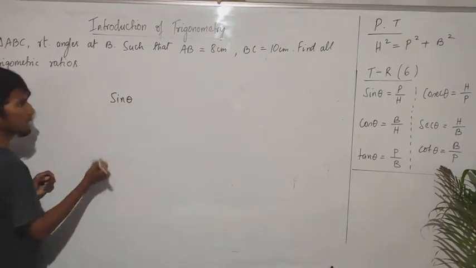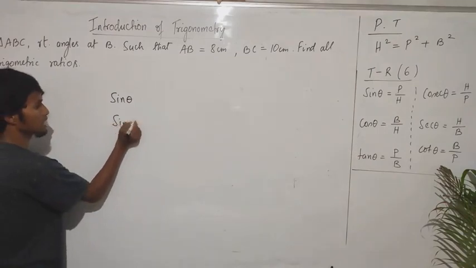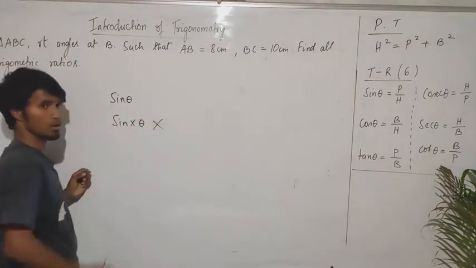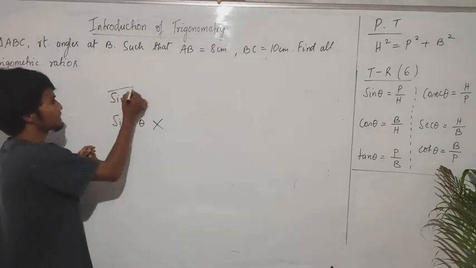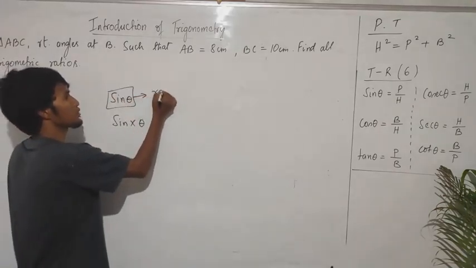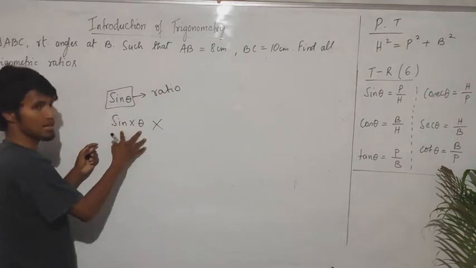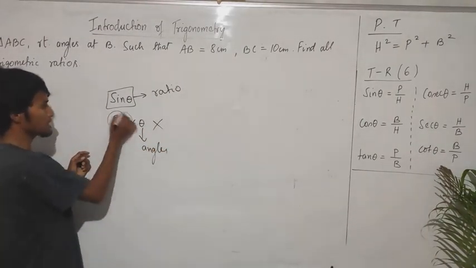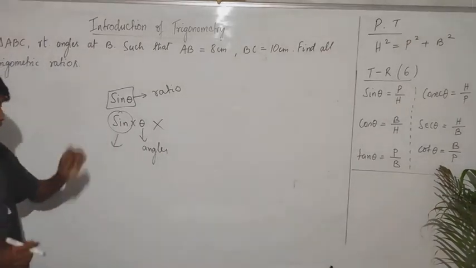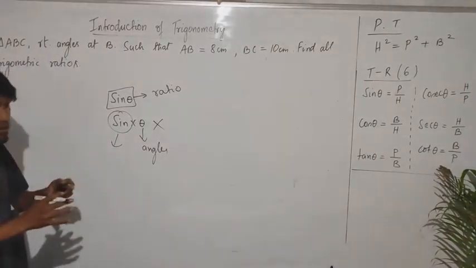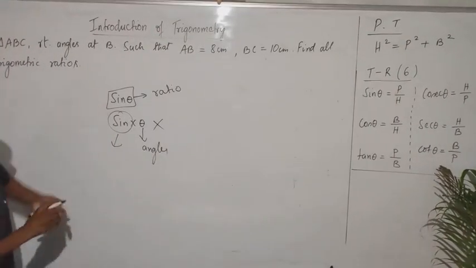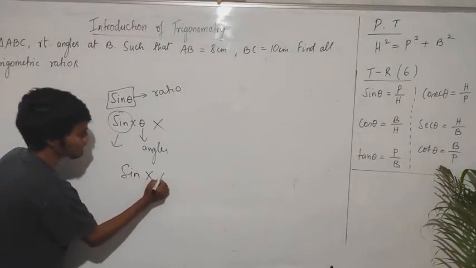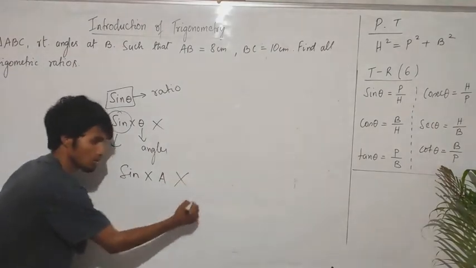Sin theta. Please don't write sin into theta. This is wrong, because sin theta is a ratio. If I write sin theta, then theta is the angle. This is just a name and doesn't have a multiplication meaning. So don't write sin into theta or sin into A. This is wrong.